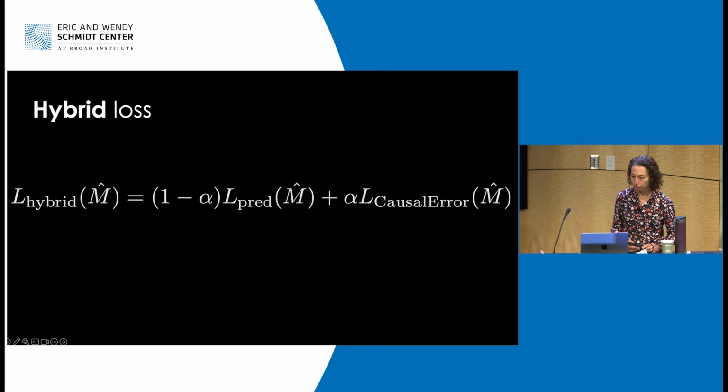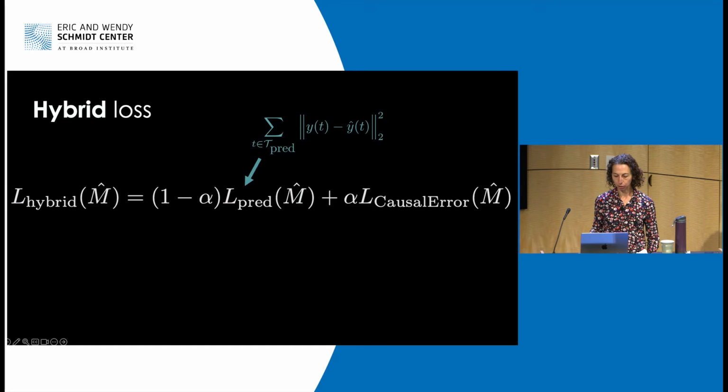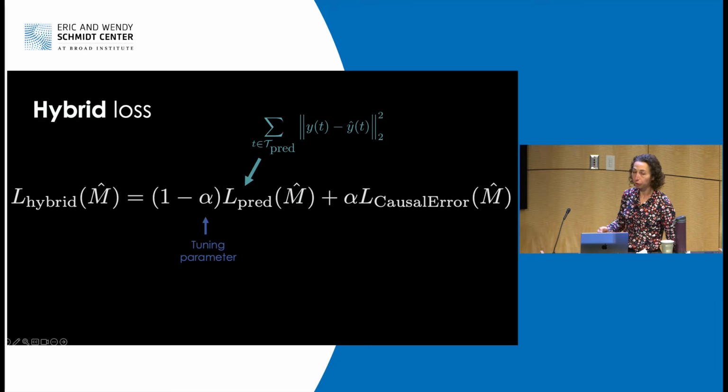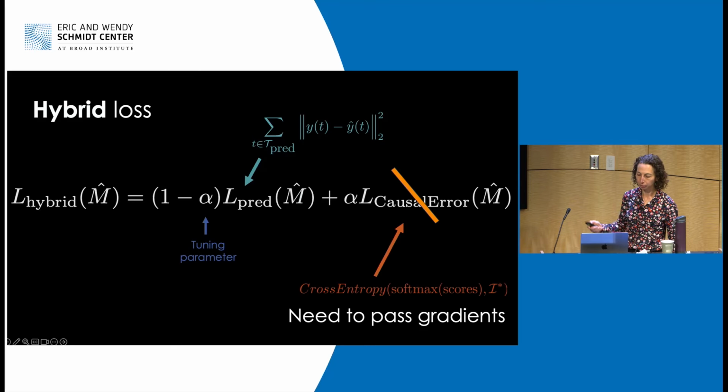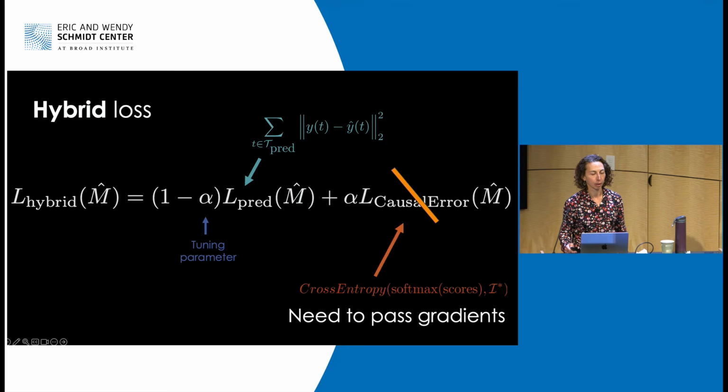In particular, we consider this hybrid objective, just a convex combination of a standard predictive loss with our causal error, and this tuning parameter alpha tunes between our emphasis on predictive performance versus causal validity. And note that for our gradient-based learning, we take the 0-1 loss that appeared in that causal error and replace it with standard cross-entropy loss.